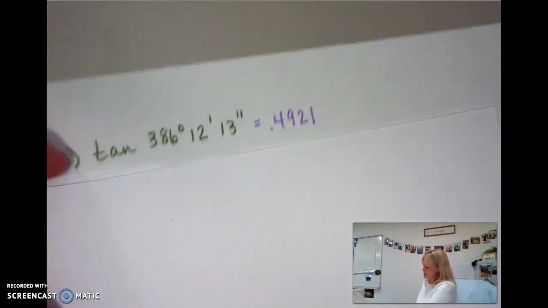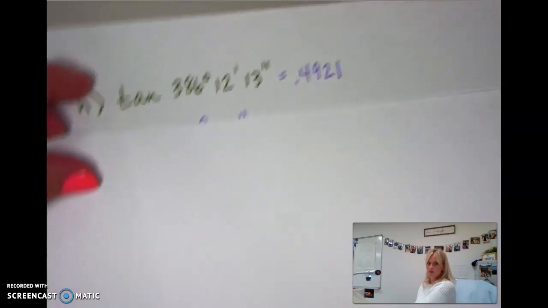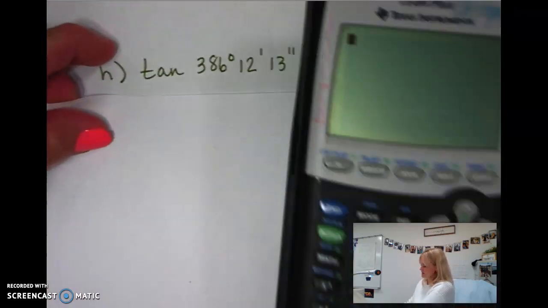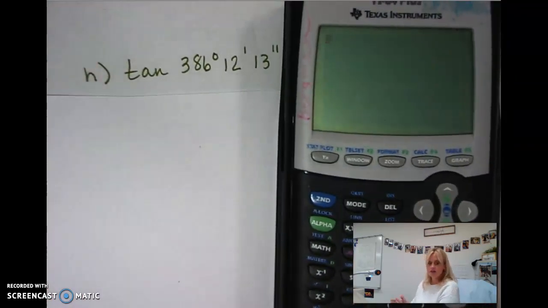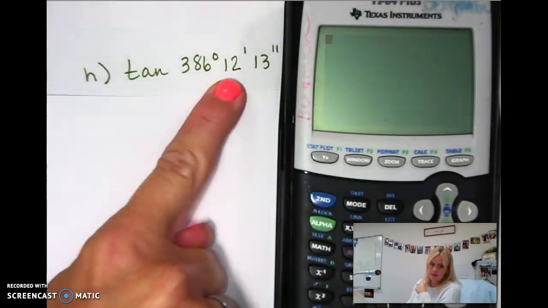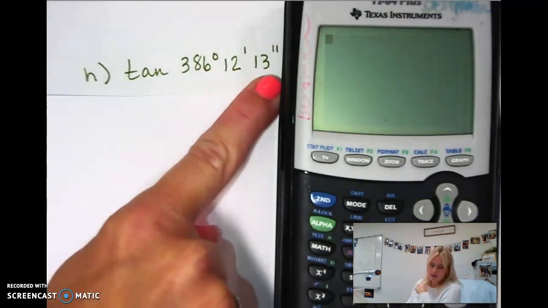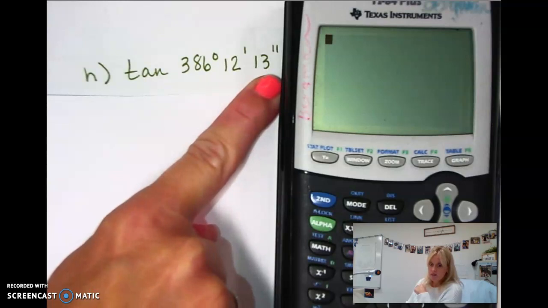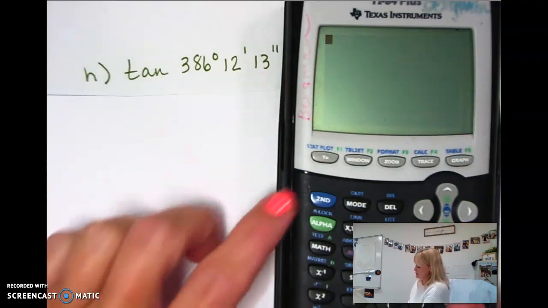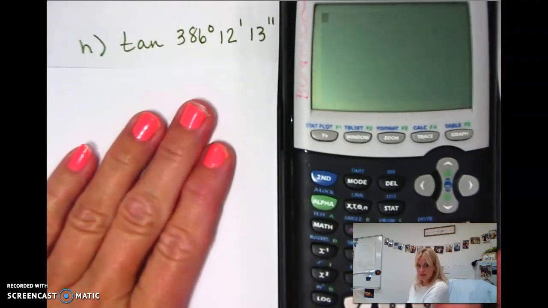Okay, what I want to do is review with you how to do degrees, minutes, and seconds now using your calculator, okay? If you remember last week, we were dividing by 60 and dividing by 3,600. You can do that if you want to, but first of all, what mode am I in?